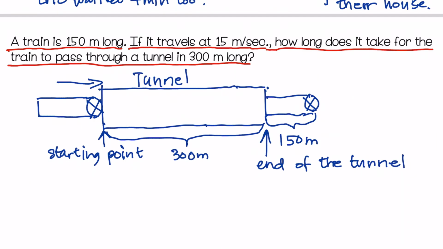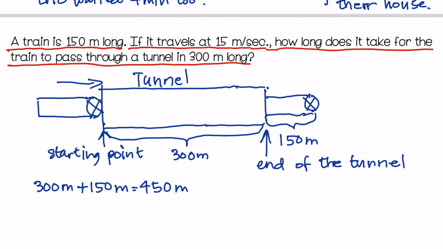First of all, we have to add the distance of the tunnel and the train, how long the tunnel is and how long the train is. So let's put together 300 meters plus 150 meters, which is equal to 450 meters.